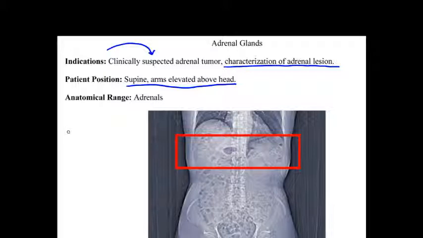So the anatomical range is kind of confusing based on what the book says. The adrenals, which is kind of leaving everything up in the air. If we assume that the kidneys begin at T12, we can see the rib coming off the 12th vertebra here for T12.